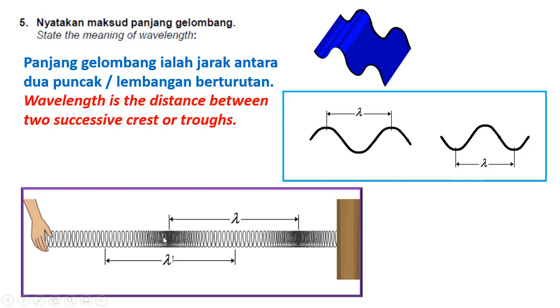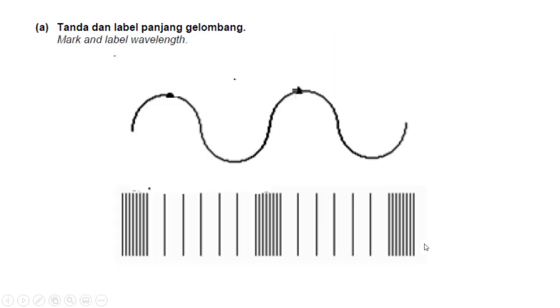Again, remember the slinky spring for longitudinal wave. We have a compression, rarefaction, another compression. So one compression to another compression is what we call wavelength. And the distance between one rarefaction to another rarefaction is also lambda. So let us mark and label wavelength. So one crest to another crest, here is lambda.